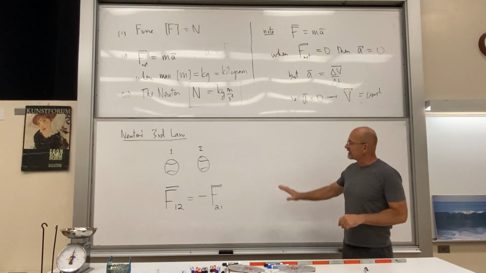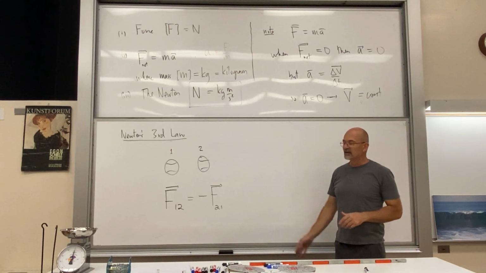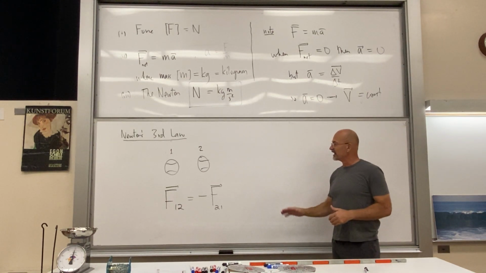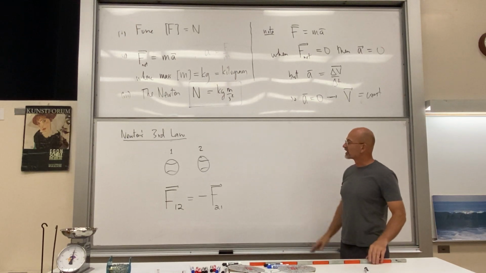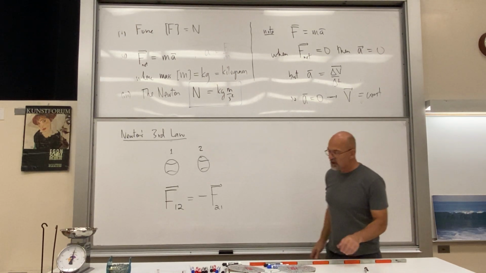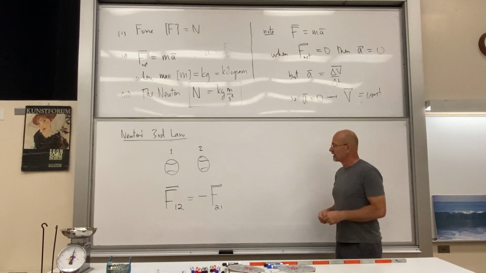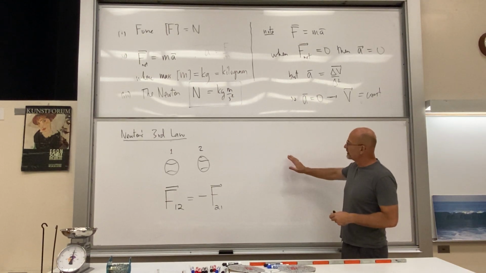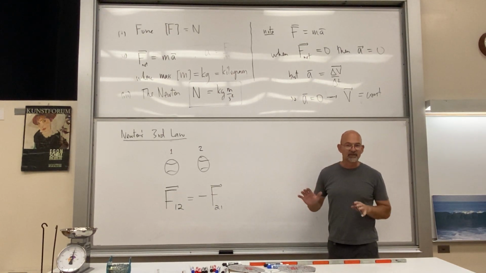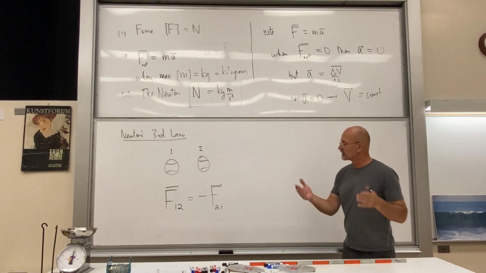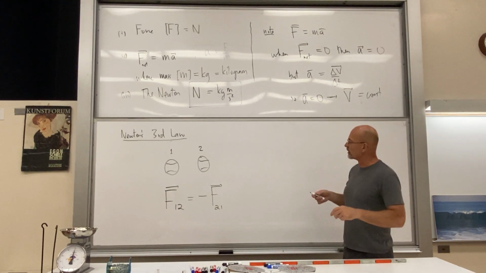So you're not used to thinking the wall pushed you. You think somebody pushed you, but it's the exact same effect, and that's because of Newton's third law. So I push on the wall with 10 newtons, the wall pushes back on me with 10 newtons. And you can demonstrate that with scales as well.